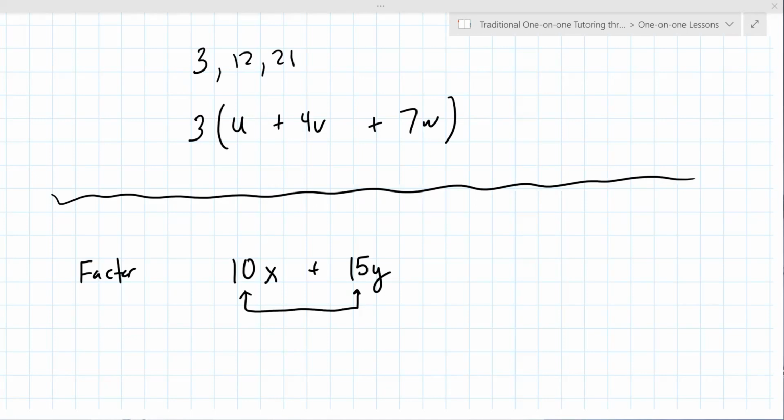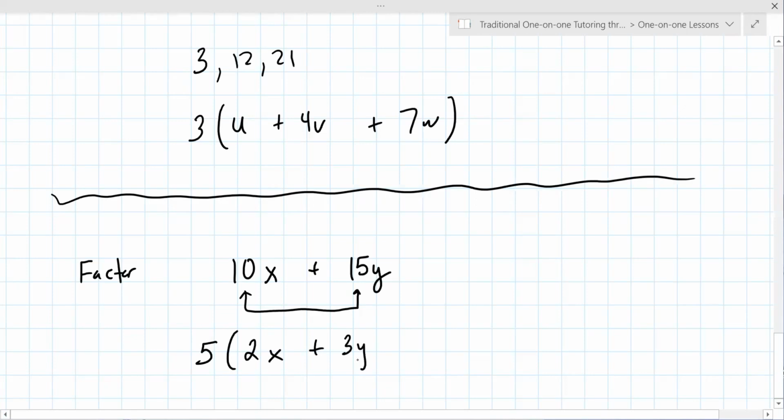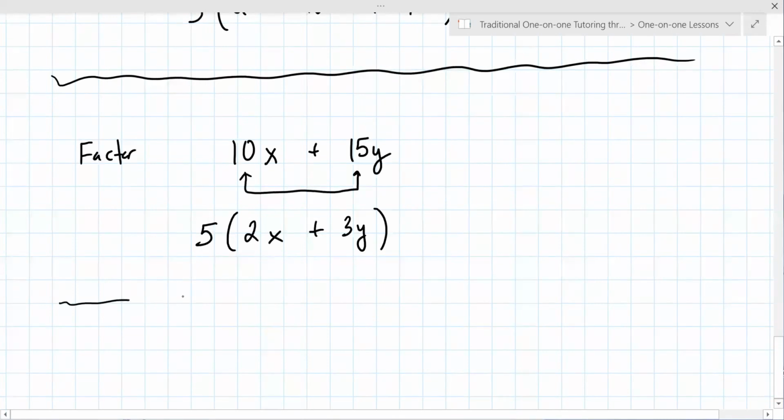Five. Okay, so 5 goes on the outside, 2x plus 3y. This is your final answer, okay?